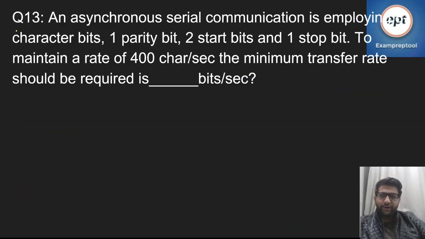So let's move to question number 13. Again, this is a question on data transmission. Let's try this question on your own, if you have understood the concept that I have explained.